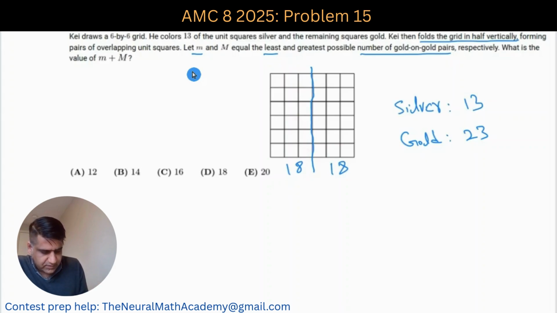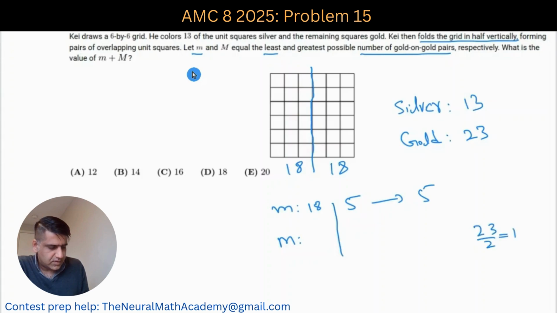So it means that small m will have 18 on one side and then 5 on the other side. So we will have 5 as the answer for small m. But for the capital M, we want to maximize the overlap. For that, we can divide this number by 2.